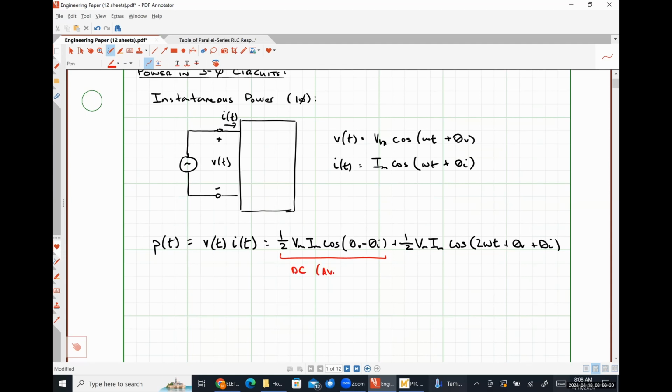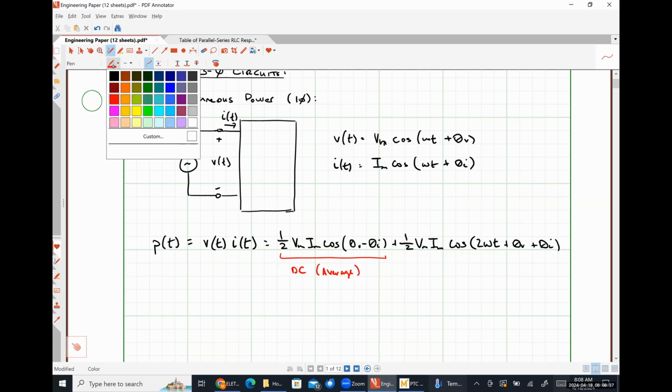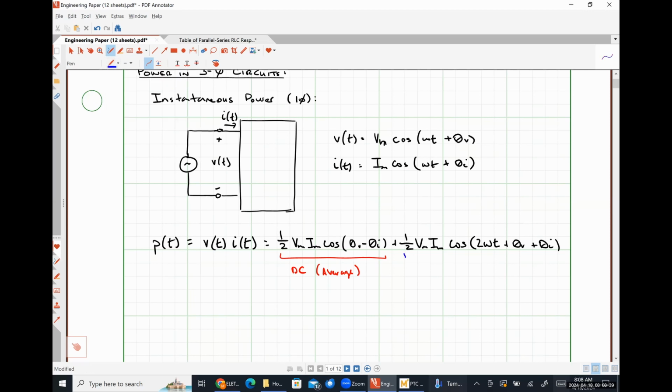And this is literally nothing more than the average power. And then we have an AC component of the power over here, which doesn't really have a name. One thing that's interesting to me is that this AC component is actually oscillating at twice the angular frequency of the voltage or the current.